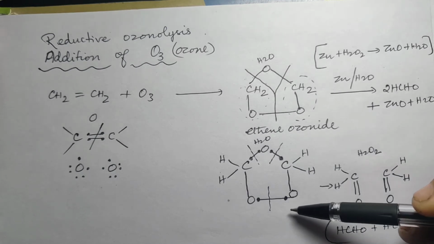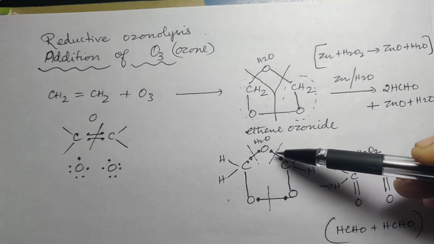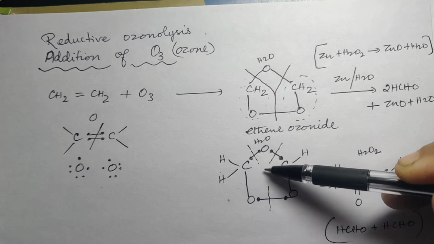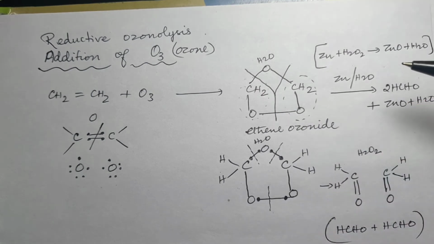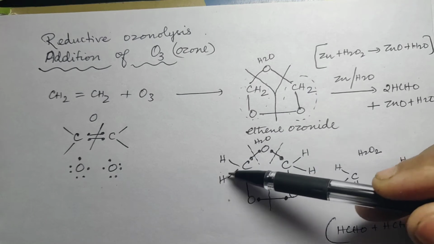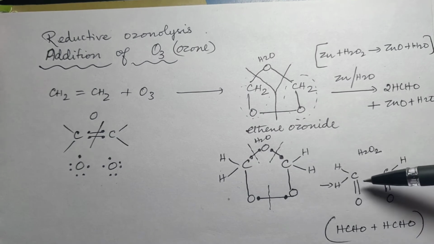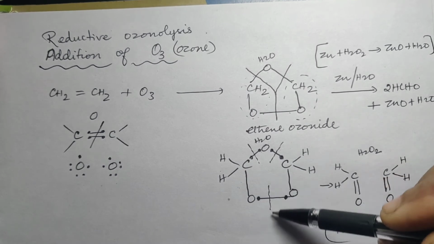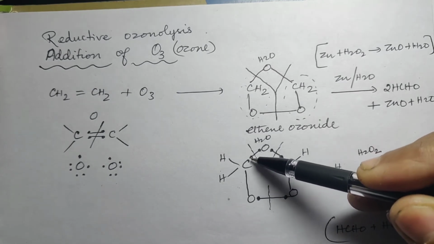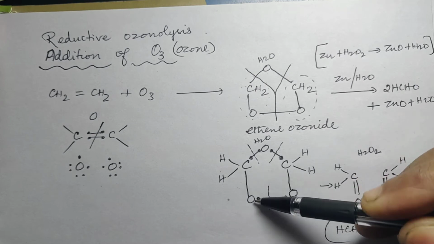Now look here. I have shown here in detail. This C-O bond is getting cleaved. This C-O bond is getting cleaved and this O-O is getting cleaved. This is what I have joined in the form of Y. Now what is left behind is HCHO. Right? C double bond O. When this is breaking, this electron and this electron will share and form a bond.